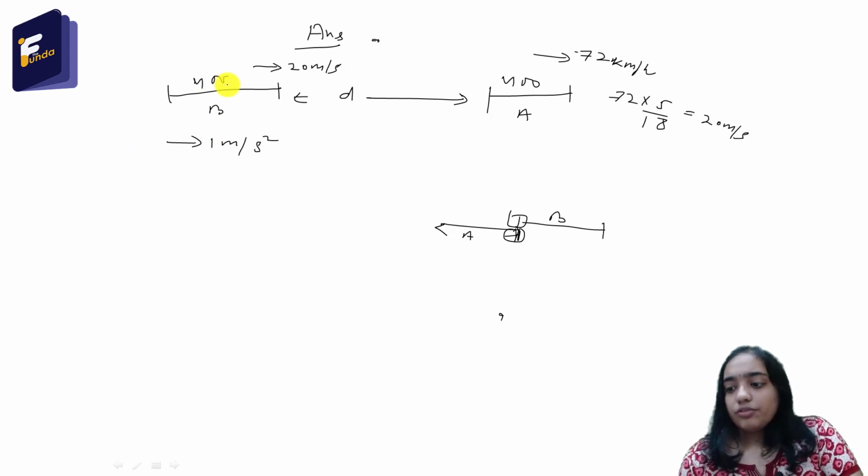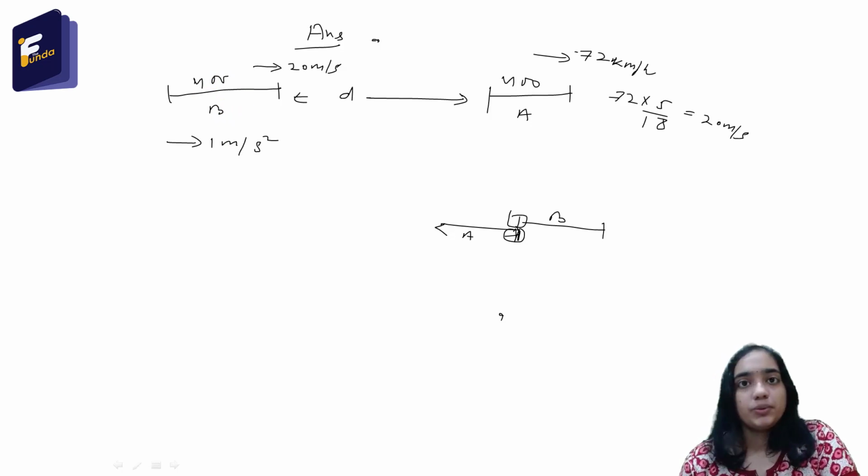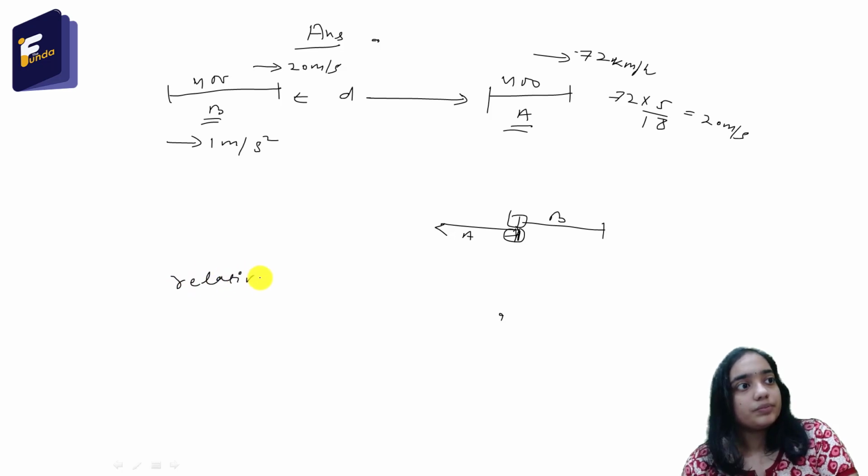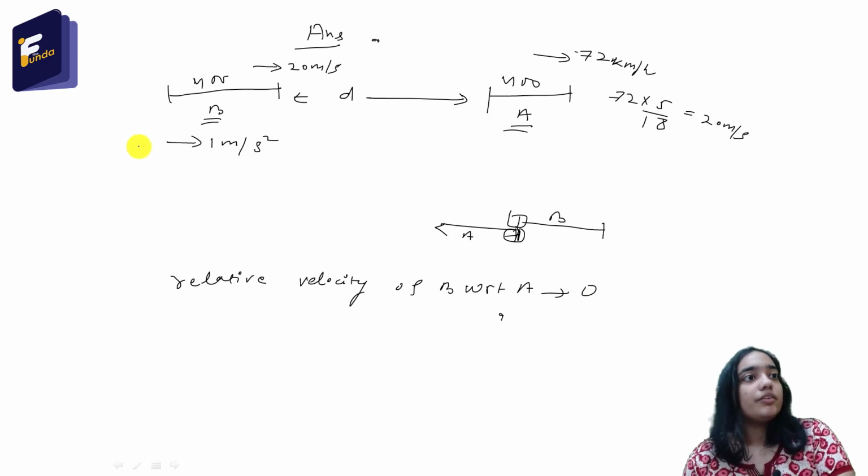For solving this question, we will use relative motion. As you can see, both A and B have the same velocity. So the relative velocity of B with respect to A is 20 minus 20, that is 0.